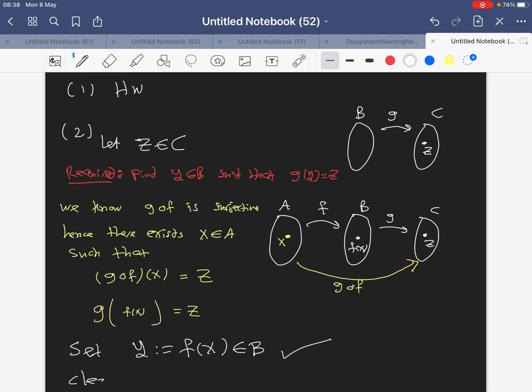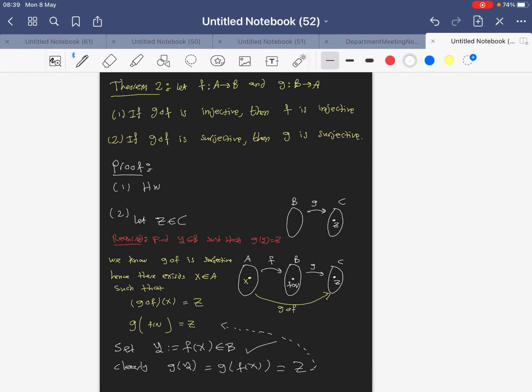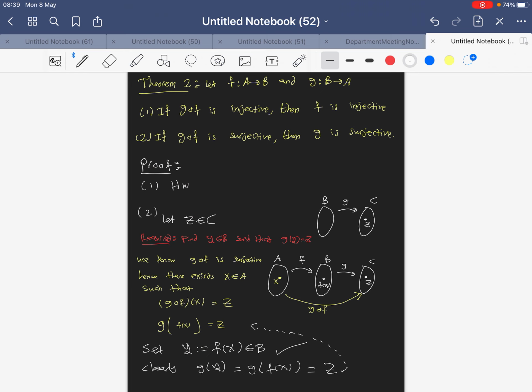Now, clearly, G of Y, which in fact is G of F of X, equals Z by this one. And that will solve the second part of theorem number 2. And this is all I want to say about the composite of functions. Thank you for watching.